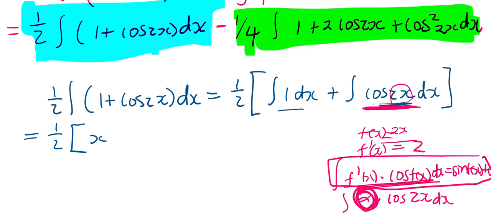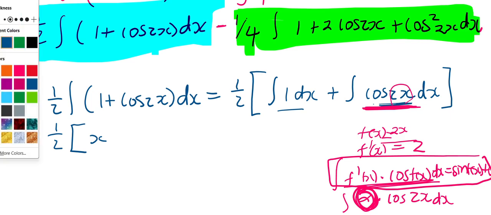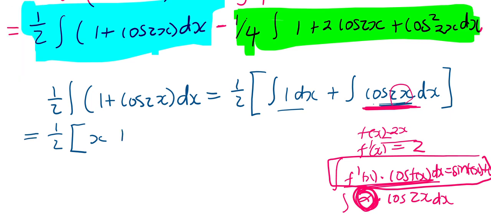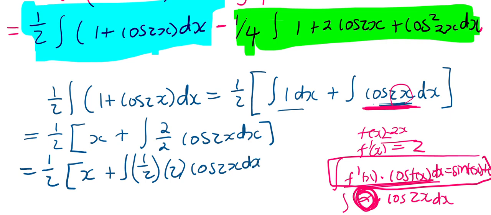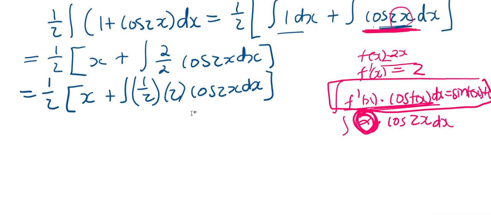And remember, we can do that because 2 is a constant. So we'll say plus the integral of 2 over 2 cos of 2x dx is equals to 1 over 2, then x plus, now we can write this as 1 over 2 times 2 cos of 2x dx, because we're looking for the 2, so we can take out the half outside.